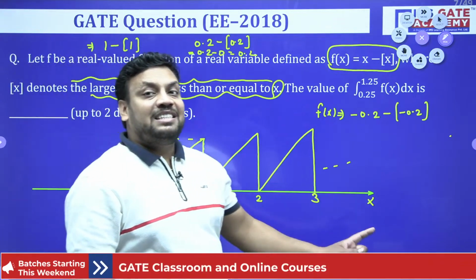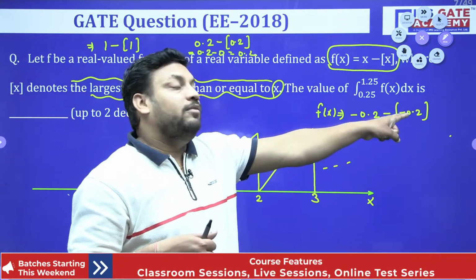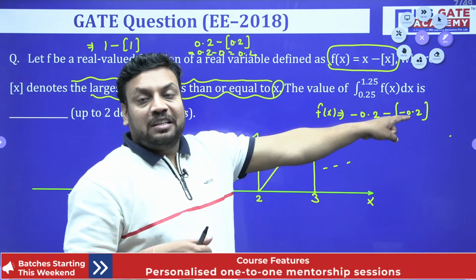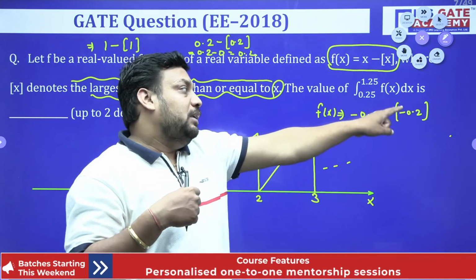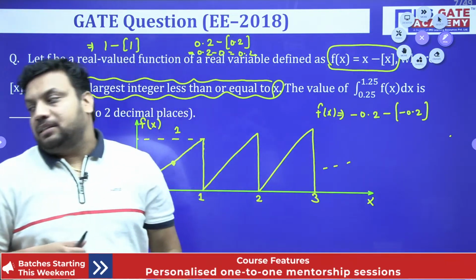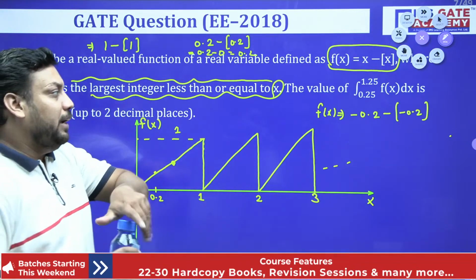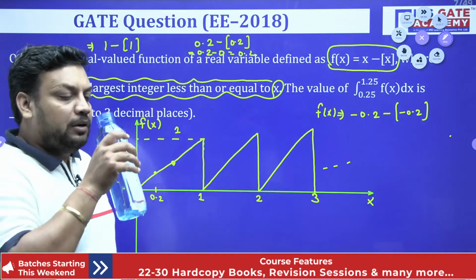What is the largest integer less than or equal to minus 0.2? 0 is bigger than minus 0.2, minus 1 is smaller.